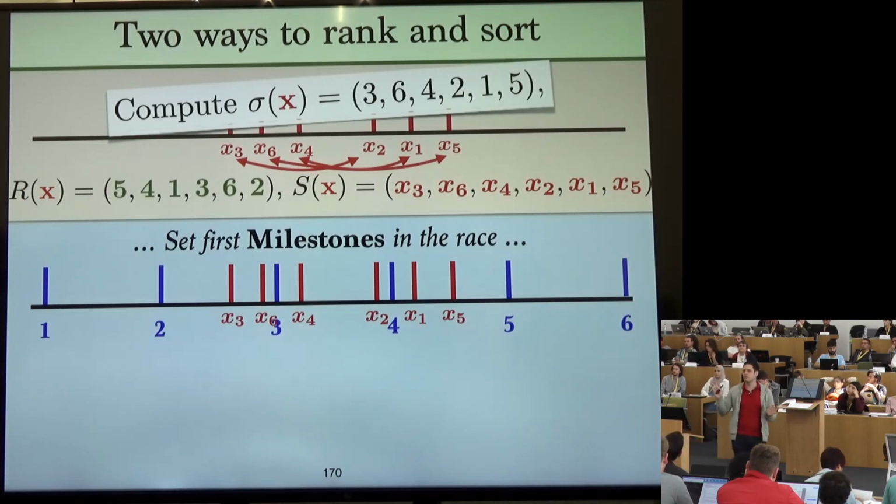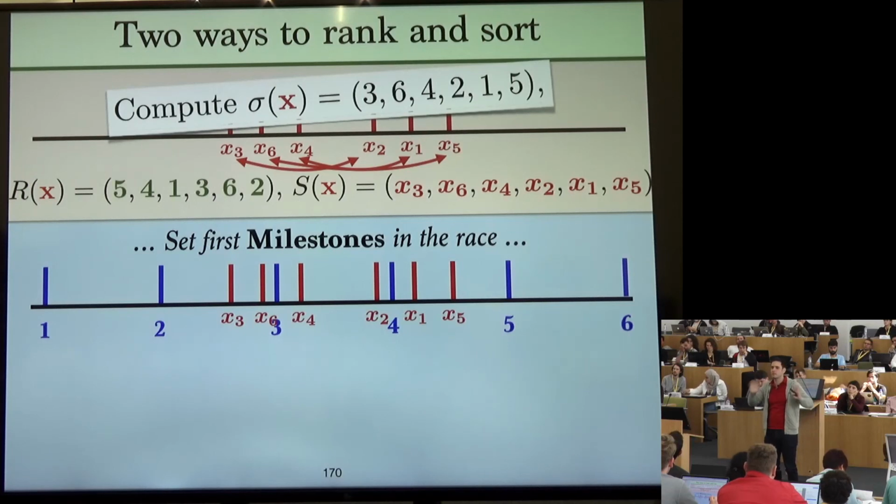Here, the second way to look at things is a philosophically fundamental way. You say, no, I'm not going to sort them. I'm not going to compare my players between them. The only thing I will do is put a few milestones in the race. The milestones are written in marble, like they're set forever. It's 1, 2, 3, 4, 5, 6.